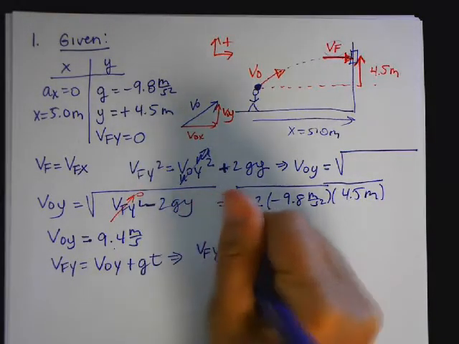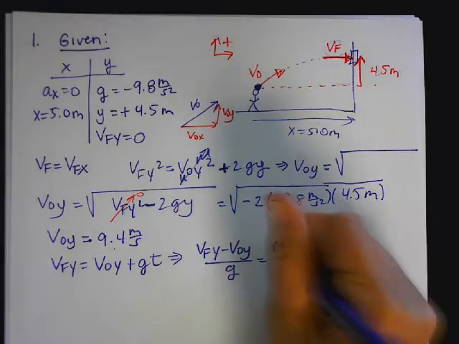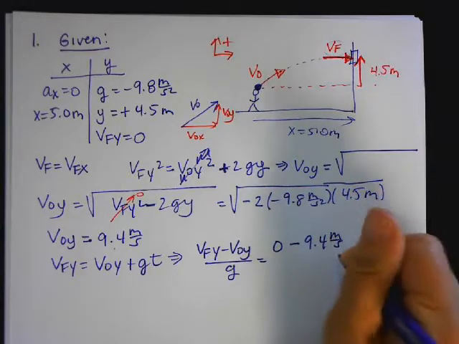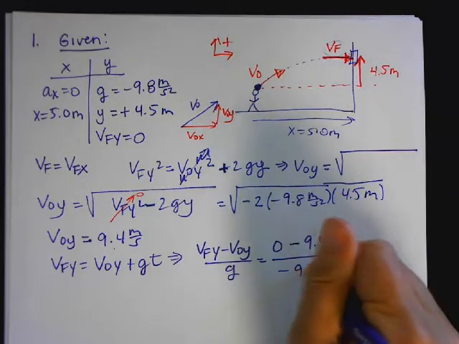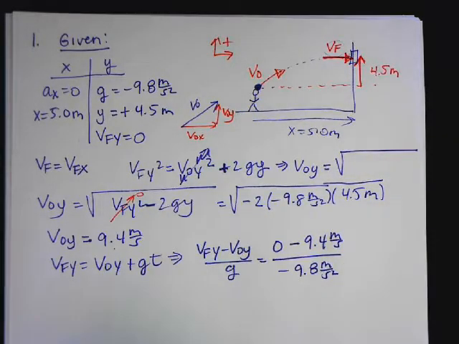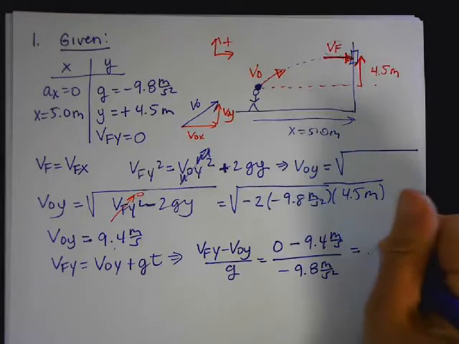So t equals VFY minus V naught Y over G. So this is 0 minus 9.4 meters per second over negative 9.8 meters per second squared. So the negative in the numerator cancels with the negative in the denominator, and then we have a positive value for time. So this came out to be 0.959 seconds.